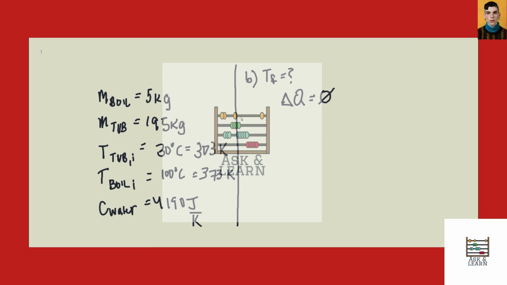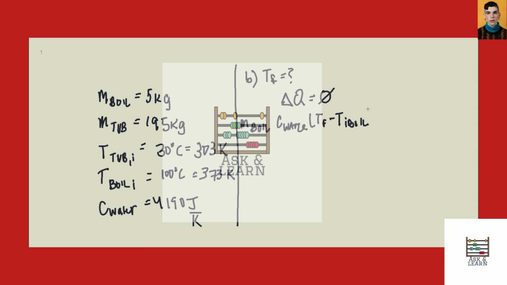So we know the heat flow from the boiling water to the tub water, you can kind of describe the heat flowing from each system, even though they're both water. So we can use our familiar formula, M boil, C water, and then delta T, so T final minus T initial boil.